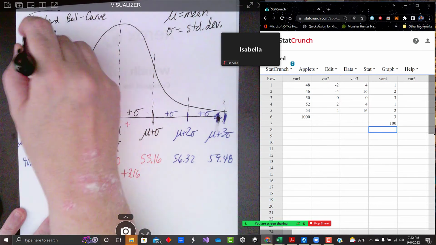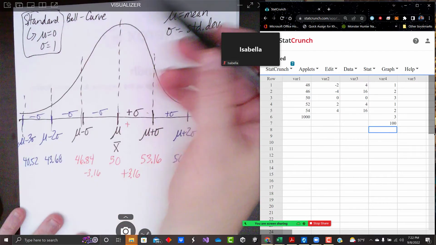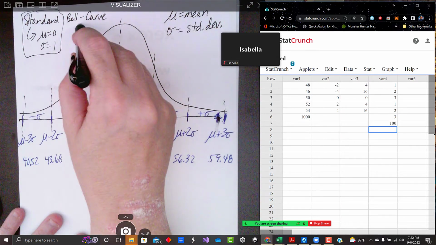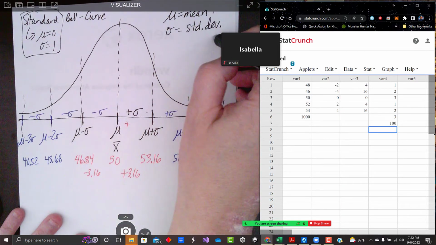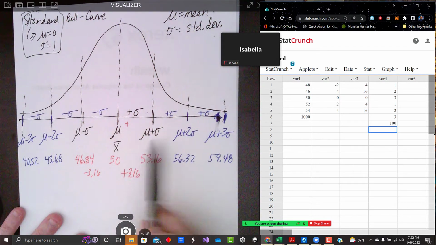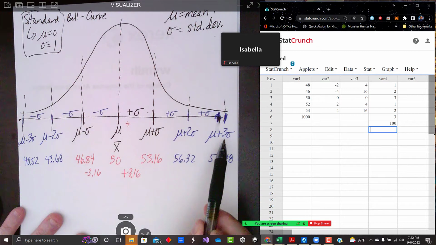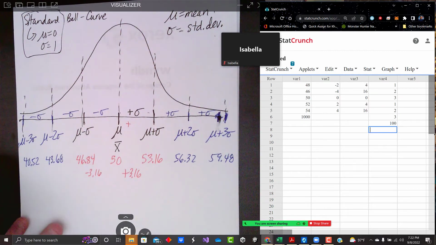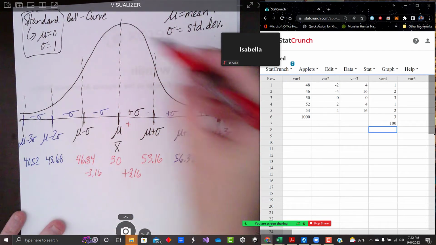That's the standard part. If you just have a regular bell curve, you have a mean and standard deviation. This stuff still applies. We track things deviations away, and then we know from the bell curve how much each area represents.